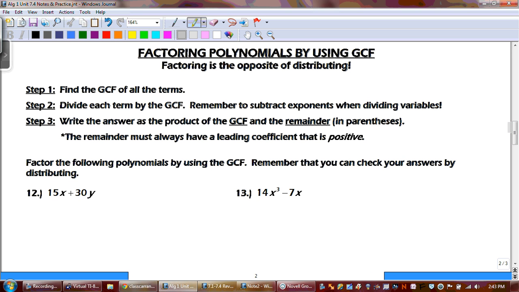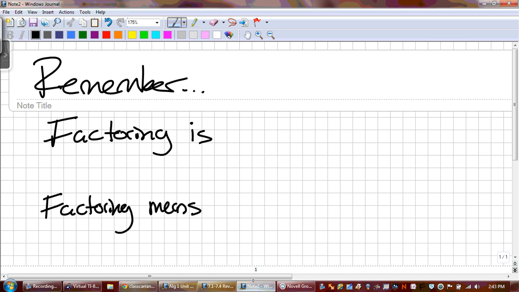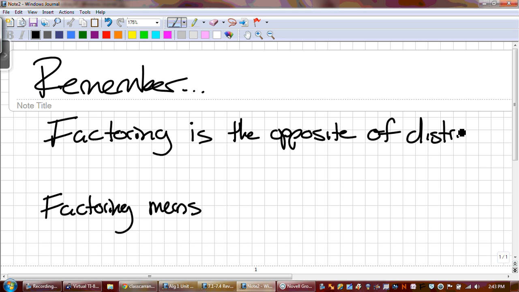We're talking about factoring polynomials by using the GCF, okay? And the key thing to remember, factoring is the opposite of distributing. And when you distribute something, distributing is what?